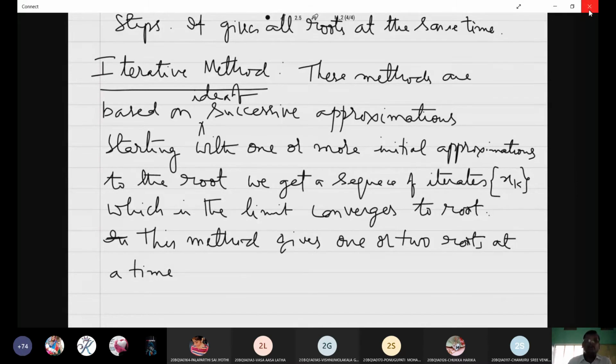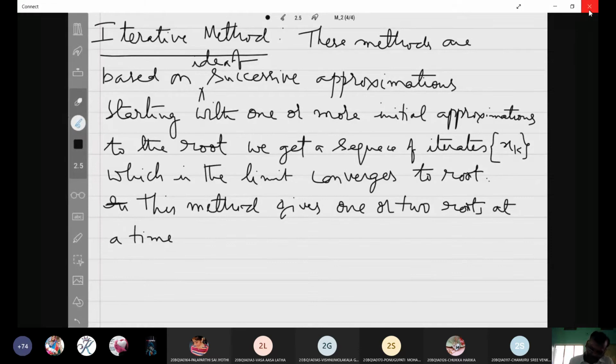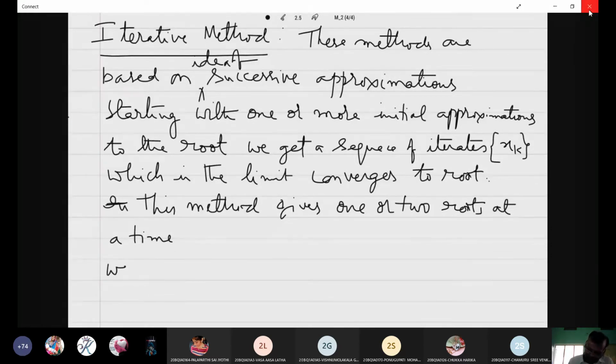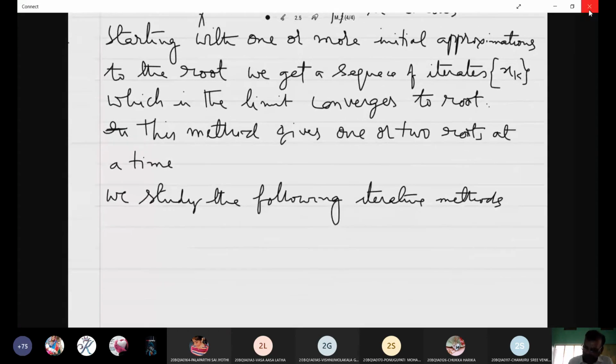Now we study the following iterative methods. Now what are they? Tell me anyone.